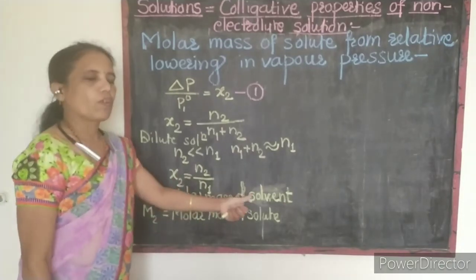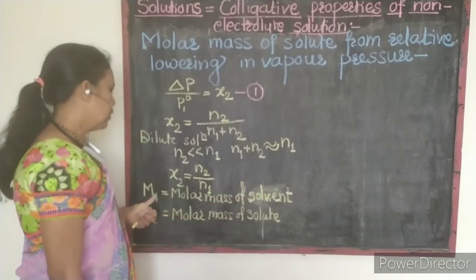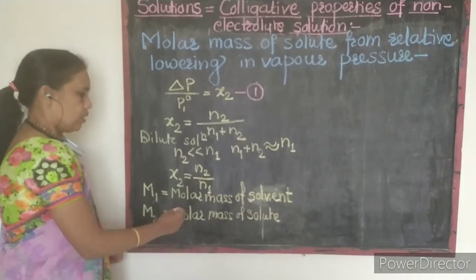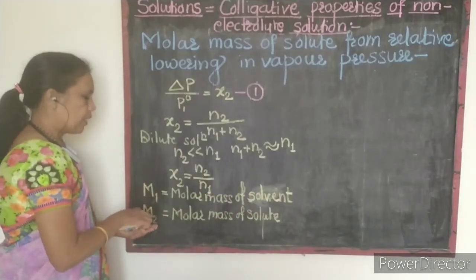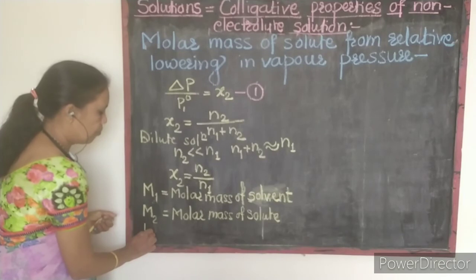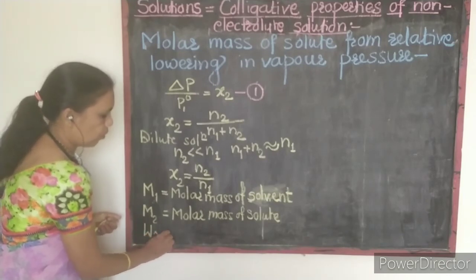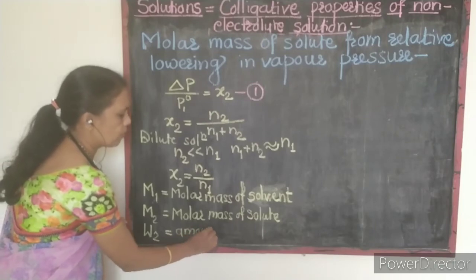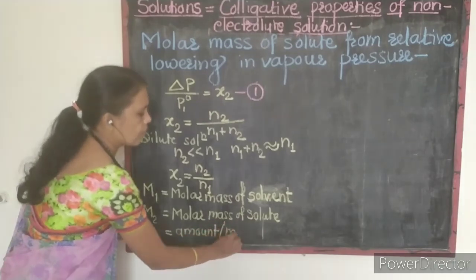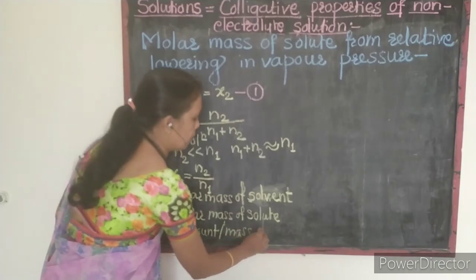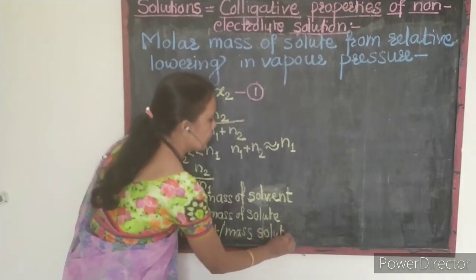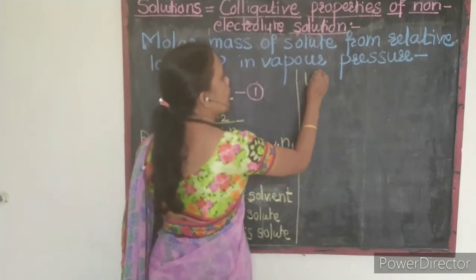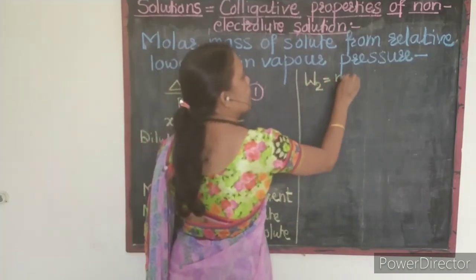M1 is molar mass for solvent. Whenever there is 1, it is for solvent. Whenever there is 2, it is for solute. Suppose we have prepared this solution by dissolving W2, this is the mass of solute, which is dissolved in W1 gram of solvent.